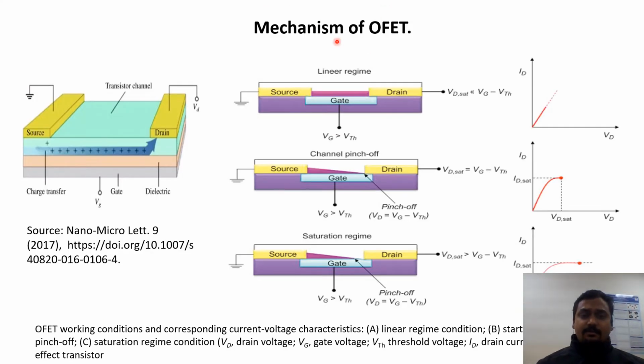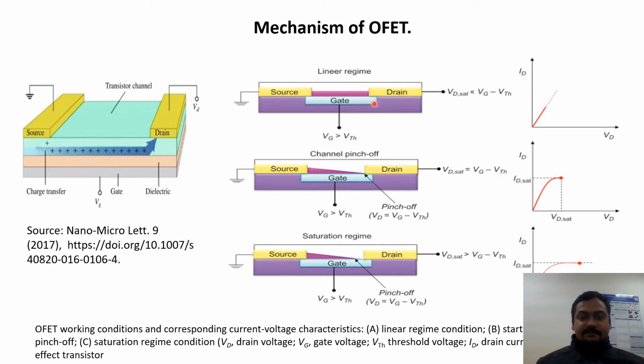Okay, before that I'll go to the mechanism of organic field effect transistors. So we all know that transistors are three-terminal devices, and their semiconducting channel is either p-type or n-type. It is sandwiched between two electrodes, so it could have an npn channel or a pnp channel. So there is a source, there is a gate, and there is a drain.